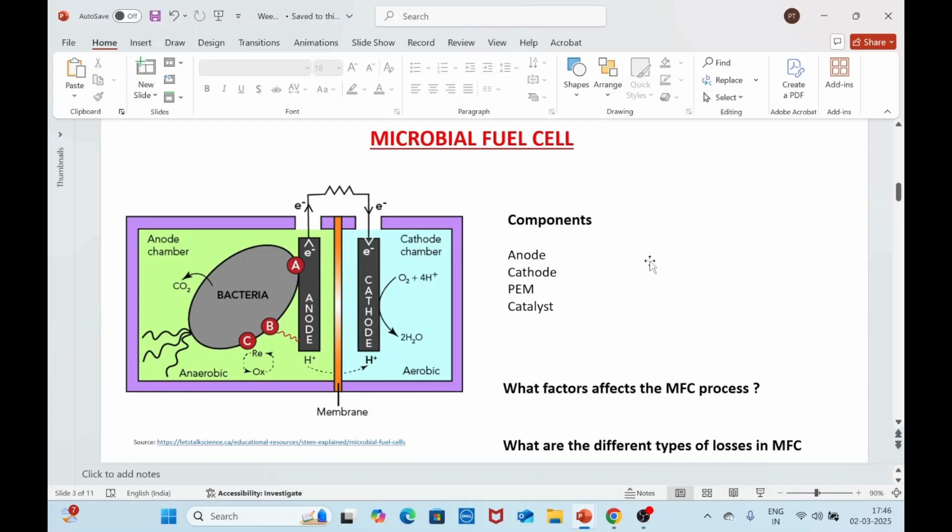These bacteria are going to act upon this organic matter, and then electrons as well as protons will get generated, which will be used up at the cathode for the production of water. The electron that gets generated goes to the load, and over there it delivers its energy and then moves towards the cathode.